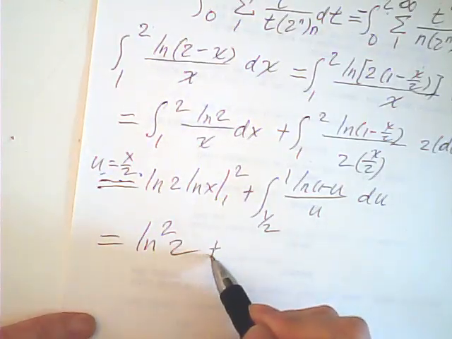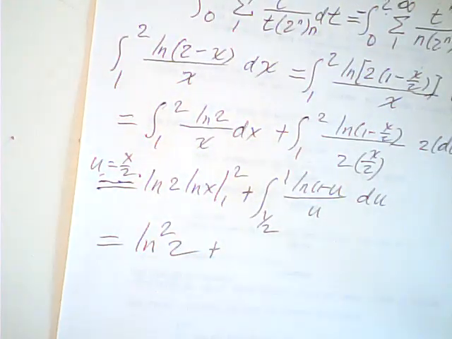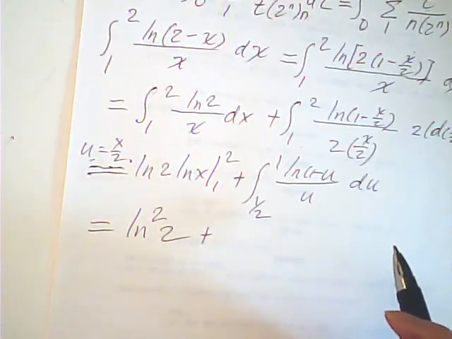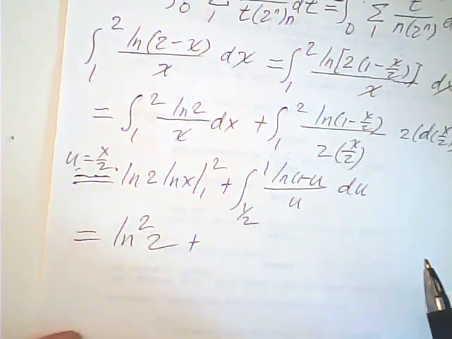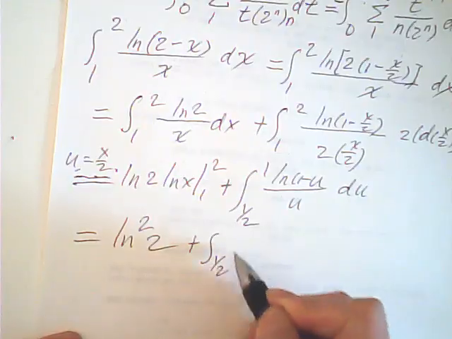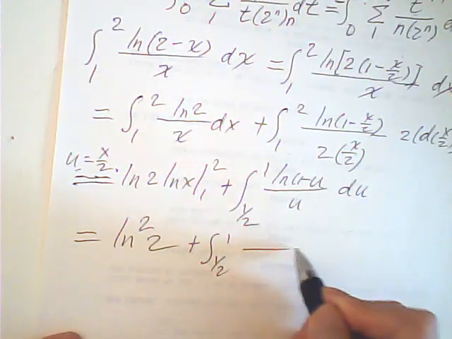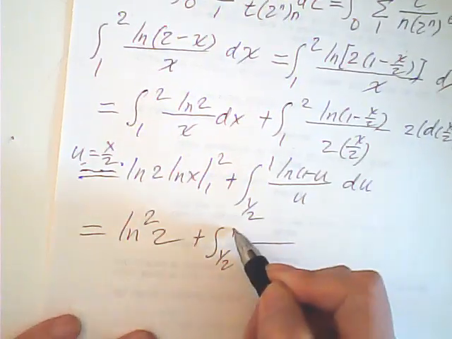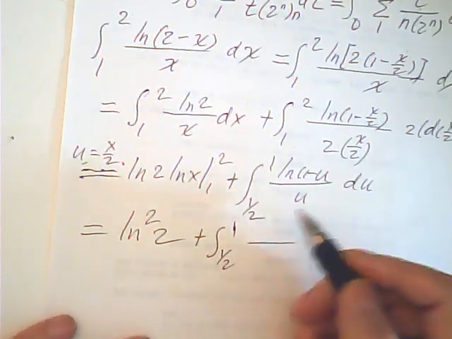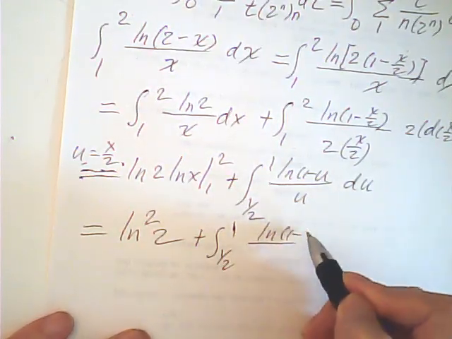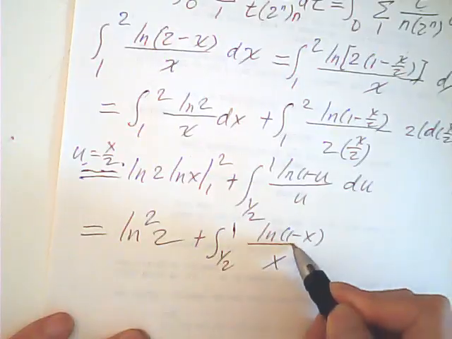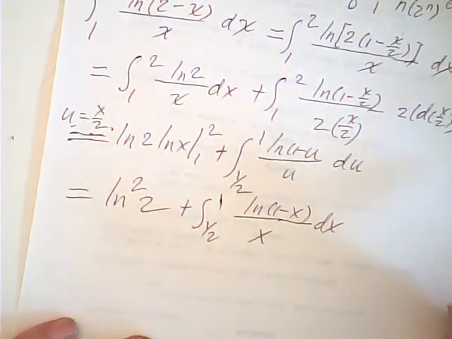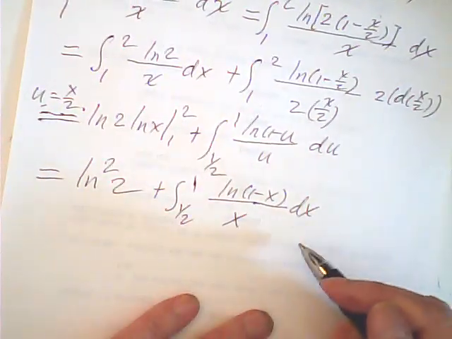That one is from half to 1. Well, I don't like u. I like x. Let's change the dummy variable. Same thing, x, right? So this is dx. All right, now something happened.